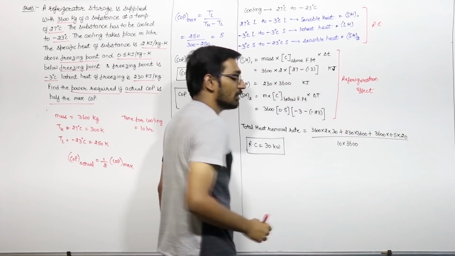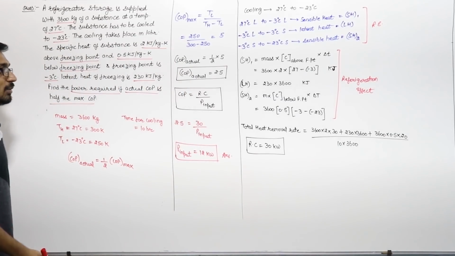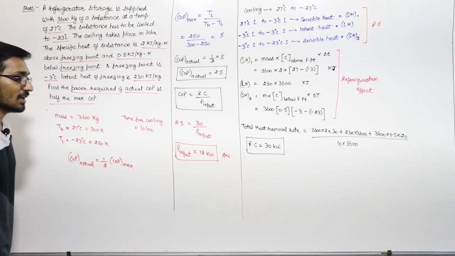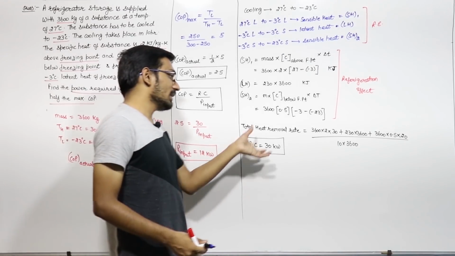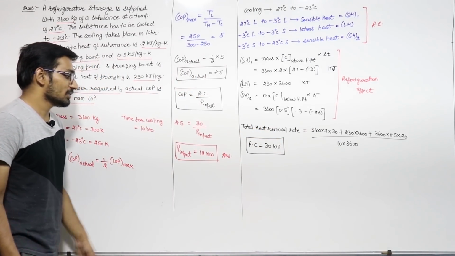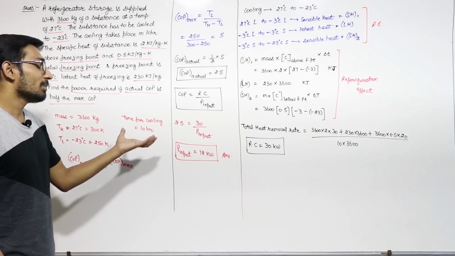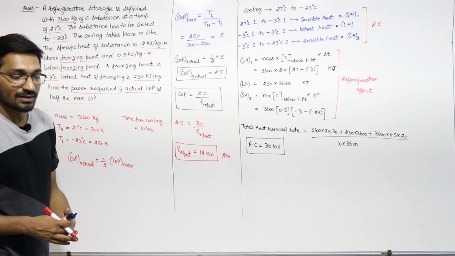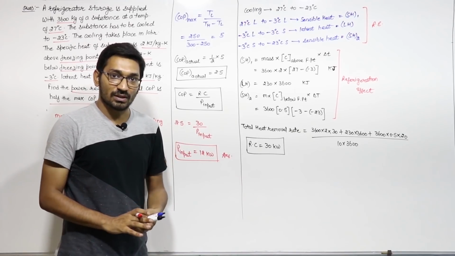This much amount of total heat you have to remove from the system, and to convert it into heat removal rate, divide it by the time, 10 hours given. So the power input is 12 kilowatt, and this is the answer of this question, right?